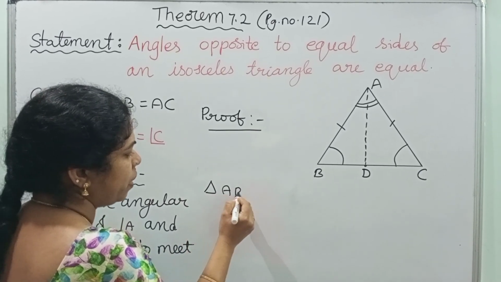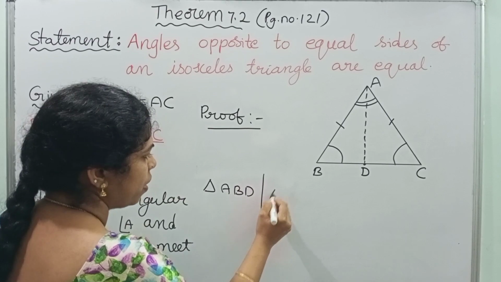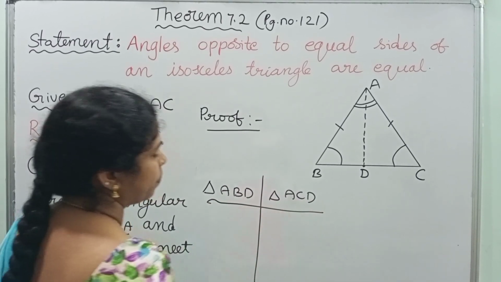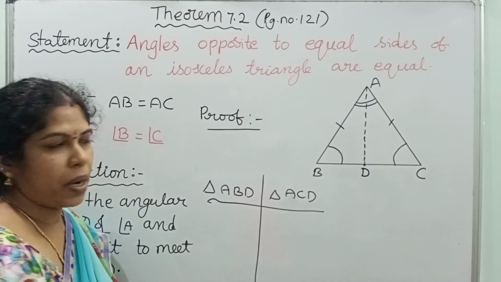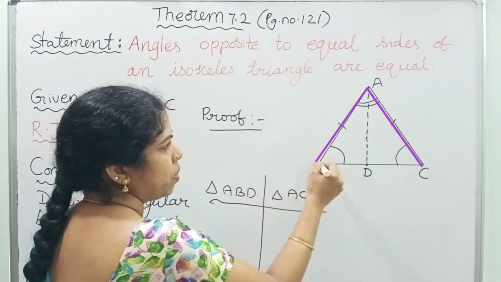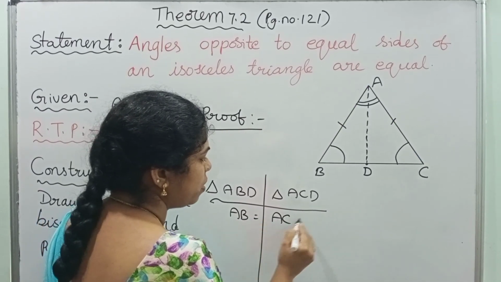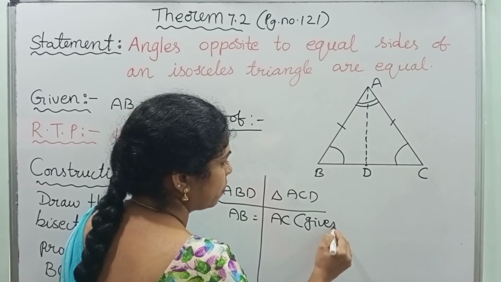Triangle ABD, triangle ACD. Find out the equal parts. AB is equal to AC, which is given.